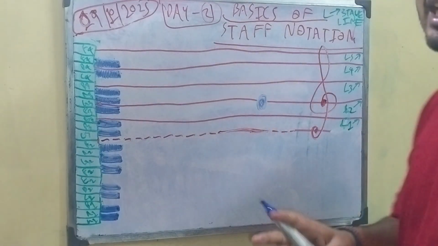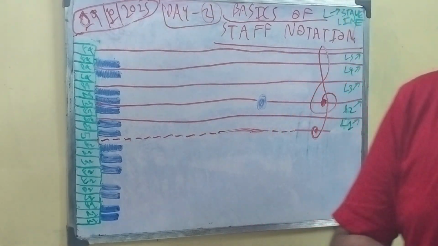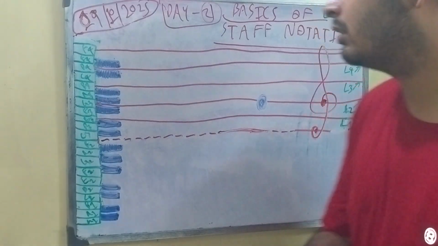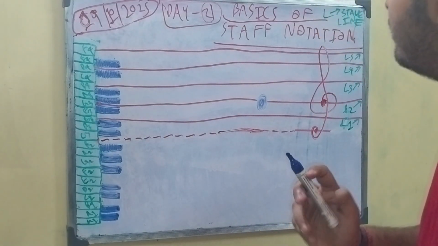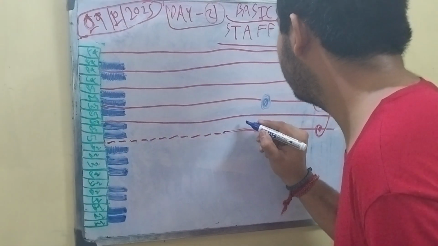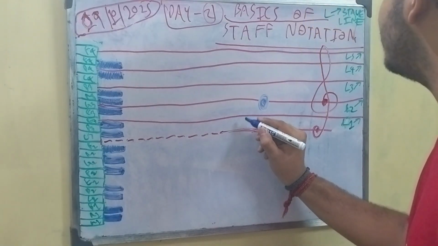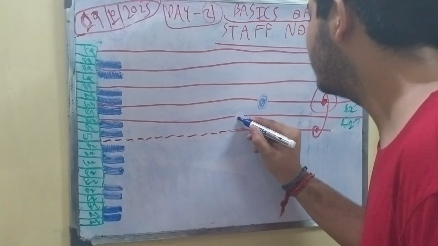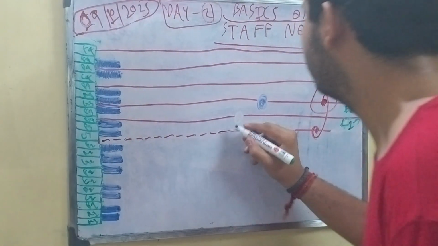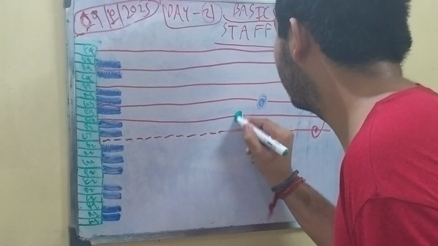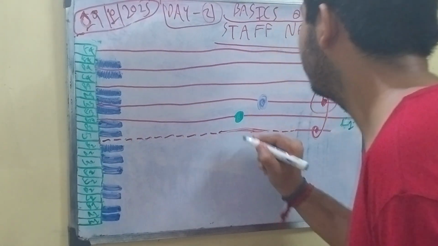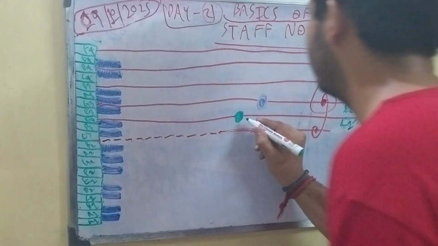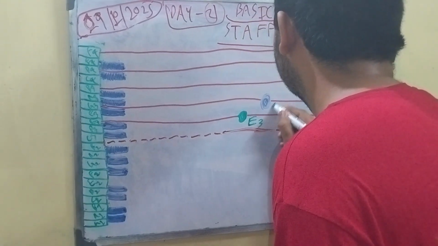Subtracting notes as letters, G minus 2 makes E, because there is an F in between. So below the second stave line there is the first stave line, which is E3, then G3.